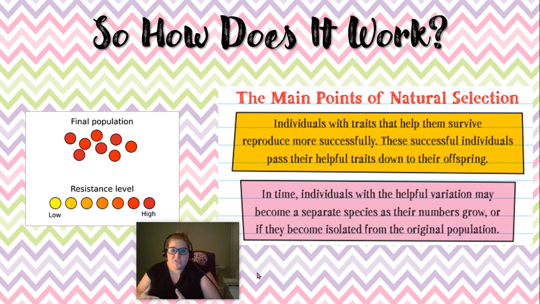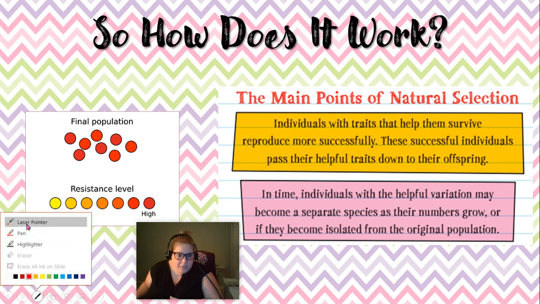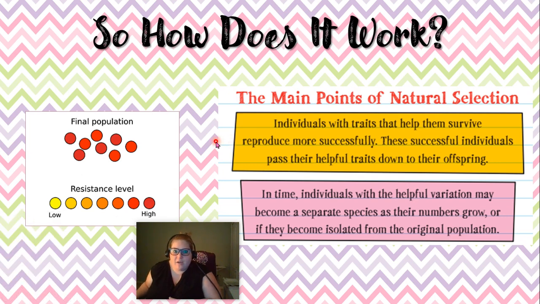So, our main point of natural selection that we have been working with, let me get my laser pointer again. Our main point here: individuals with traits that help them survive reproduce more successfully. And that's what you're seeing here.